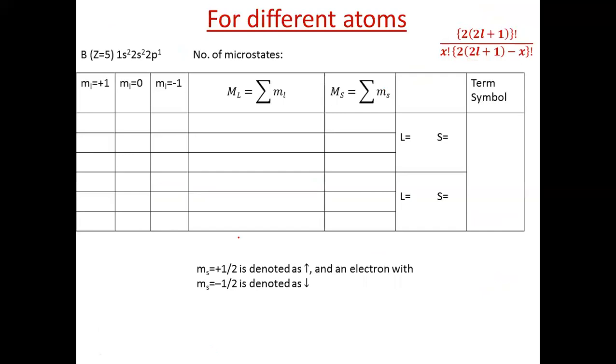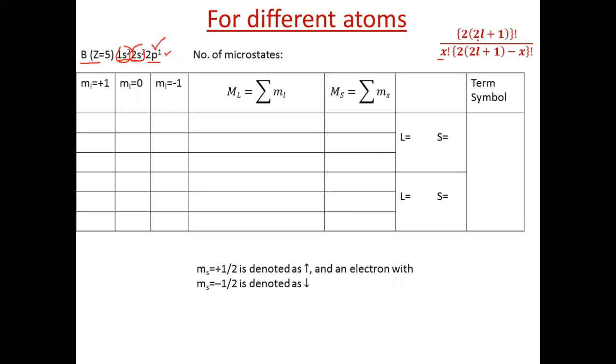Now let us try to find it for boron, which is 1s2, 2s2, 2p1. As we know that these are closed shells, they will not contribute. Only 2p1 will contribute. First of all, let us try to find the number of microstates. It is a p1 system. X is 1, L is also 1.